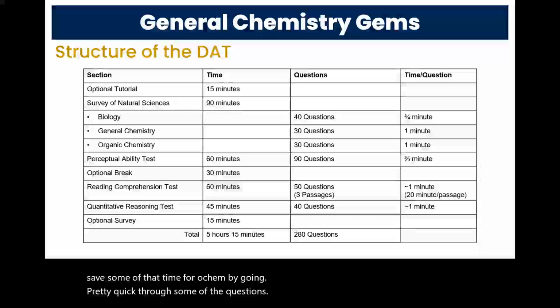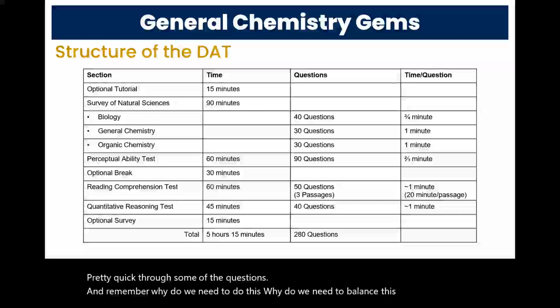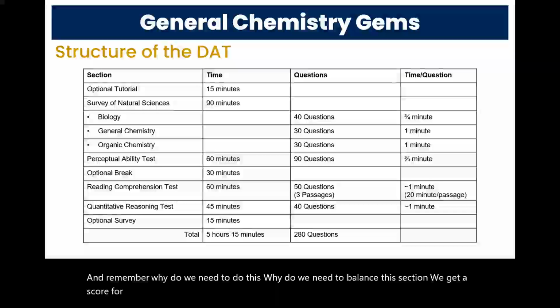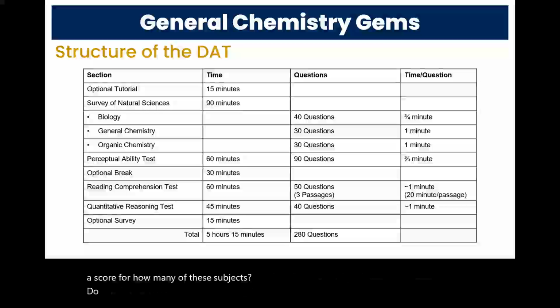And remember, why do we need to do this? Why do we need to balance this section? We get a score for how many of these subjects? Do we get a score for the whole section, or do we get a score subject per subject? I think it's per subject.